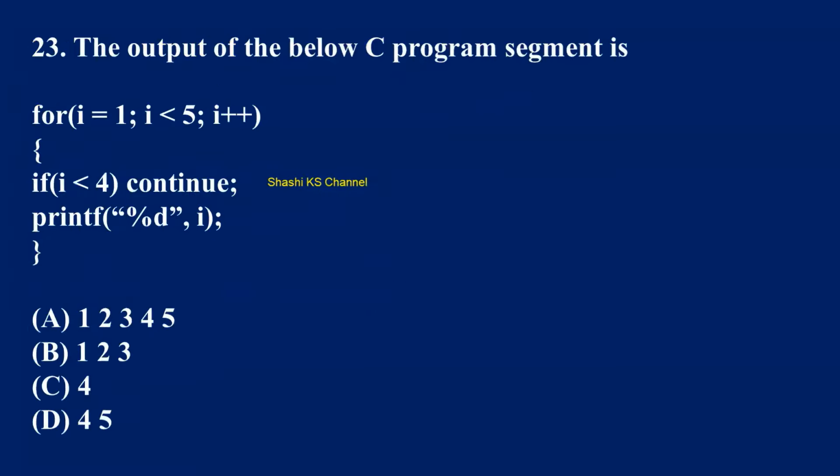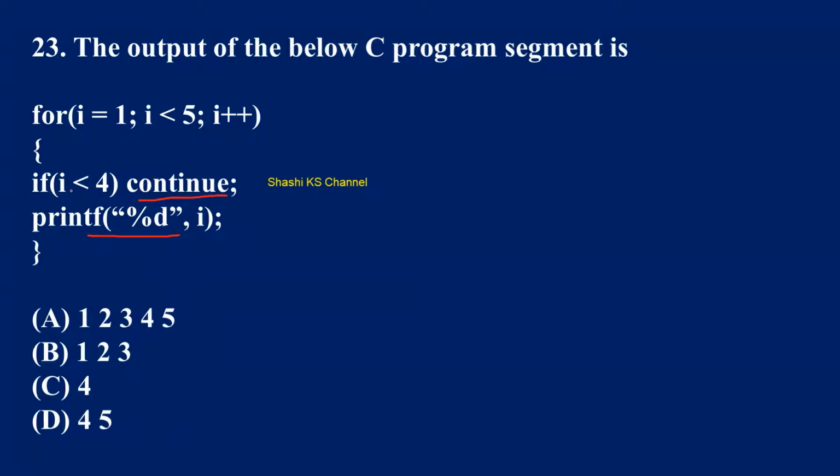The next question is: the output of the below C program segment is? You have a for loop which starts from 1 and runs until i is less than 5. That means it will run for 4 iterations. If i is less than 4, continue. So whenever i is less than 4, that particular iteration will be skipped. The iterations 1, 2 and 3 will be skipped, which means the printf statement will not be executed when the value of i is 1, 2 or 3.